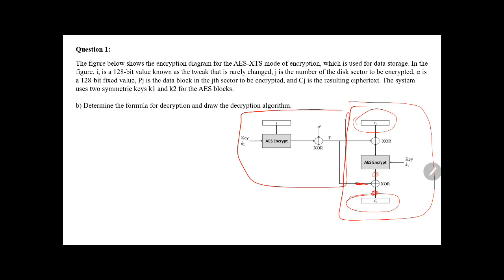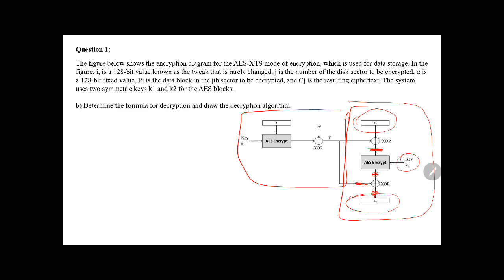So basically, if we want to reach the plain text from the ciphertext, we want to XOR the cipher here with T, the same exact T, and then we will have the output from the encryption block here. We decrypt it using the same key, so we have the same value that was here. We XOR it again with T, and we end up with the plain text.